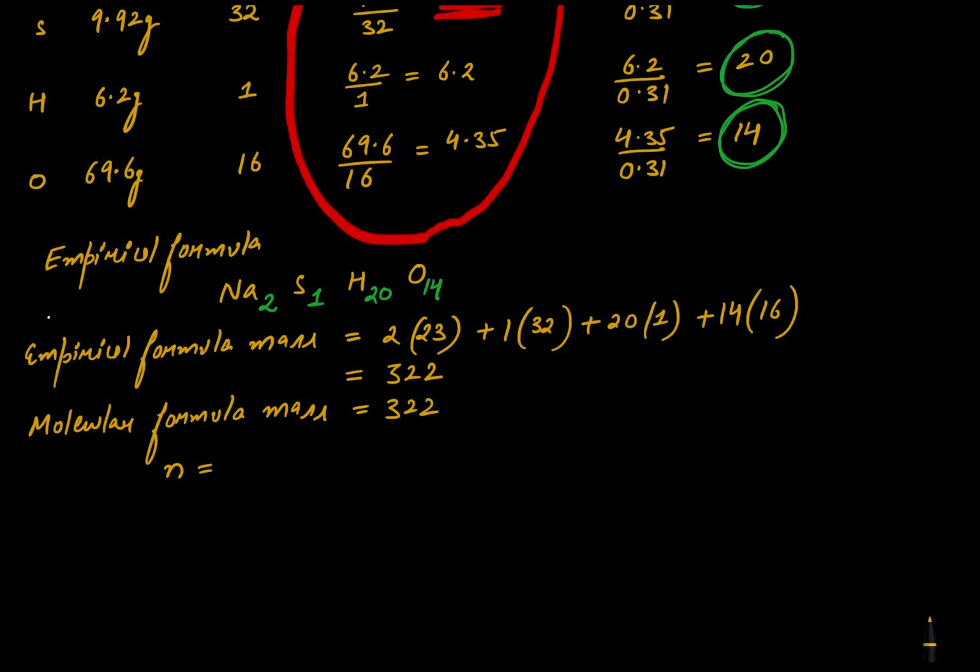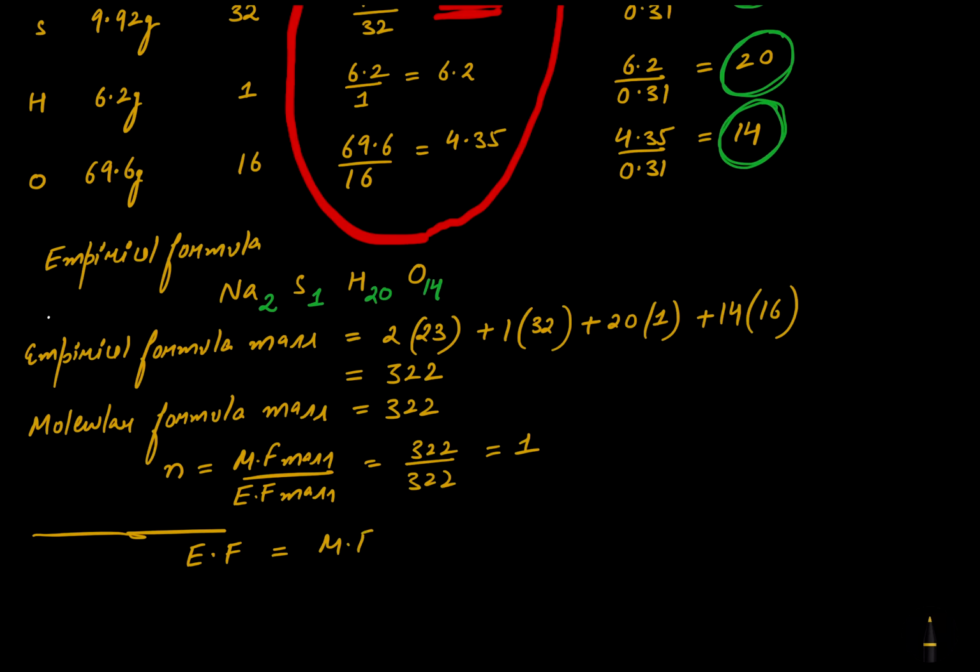My n will be equal to the molecular formula mass divided by empirical formula mass, and it comes out to be 322 divided by 322. It comes out to be 1. It means that the empirical formula is my molecular formula in this case, and it comes out to be Na2S1H20O14.